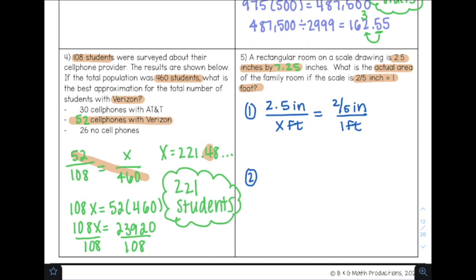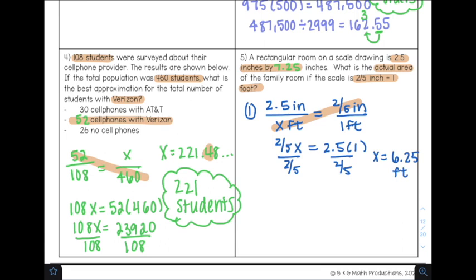We're going to cross multiply. So 2/5 x equals 2.5 times 1, which is just 2.5. We're going to divide by 2/5. I am going to get x equals 6.25 feet. Then for the next dimension, I'm going to set that up with 7.25 inches over x amount of feet.